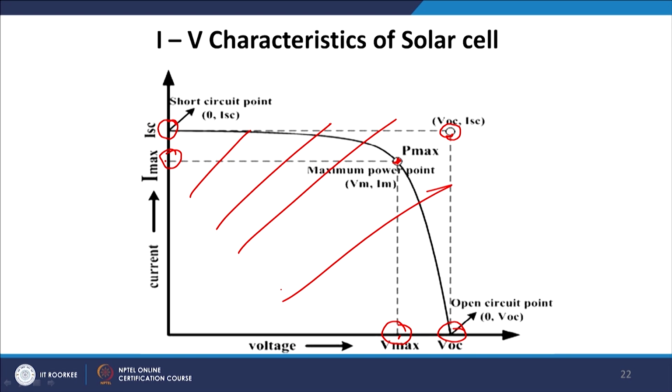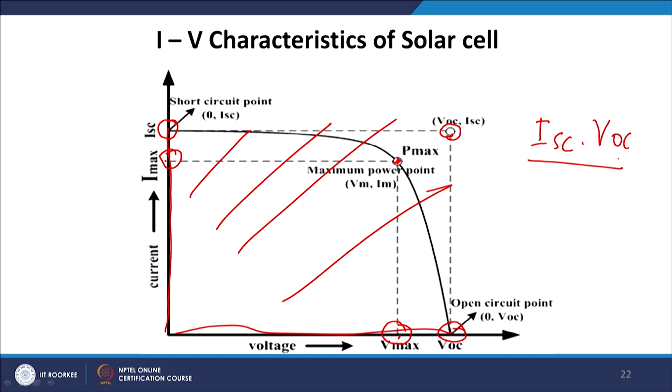And what is the area under this rectangle? ISC times VOC. So, the power output from this IV curve we can calculate from this rectangular area. We multiply ISC times VOC, that gives you the area under this curve, and that is your power output.